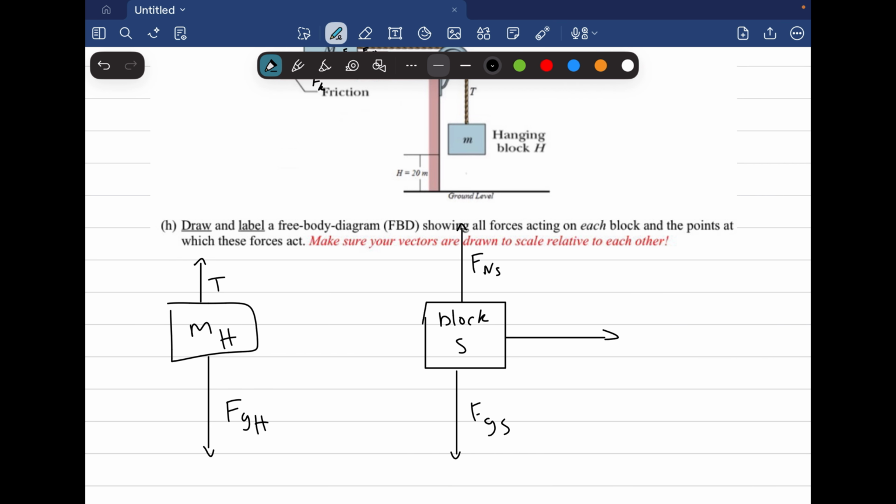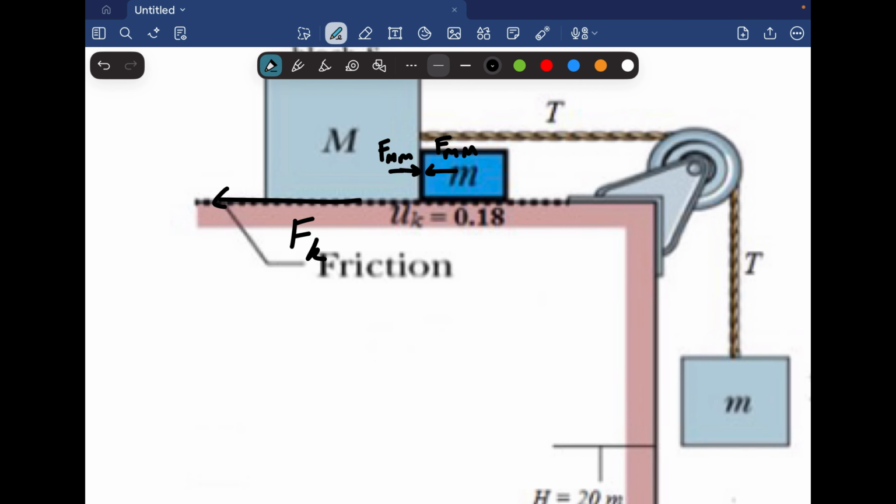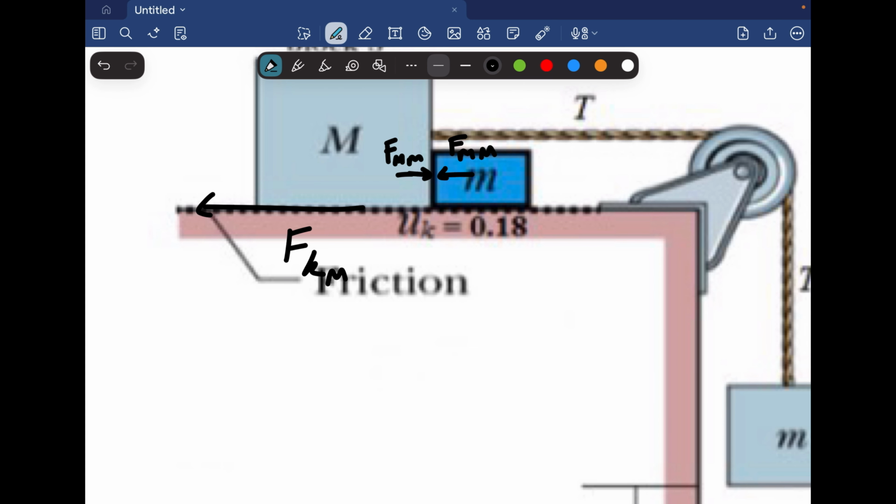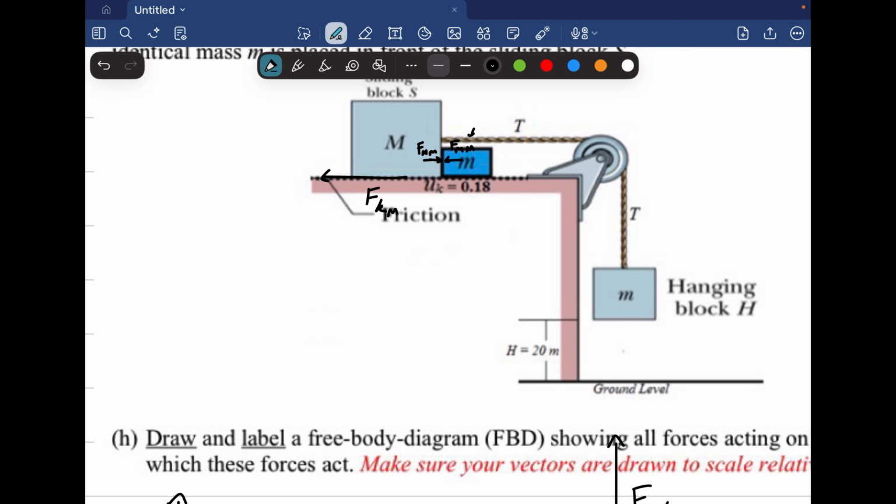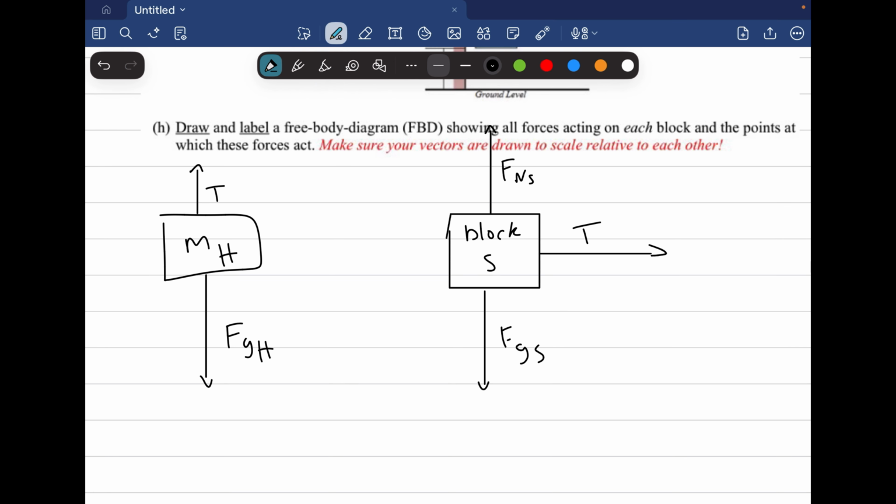And since it's moving to the right, you know that FKM and F lowercase m on capital M, if you add those together, they have to have a lower magnitude than your tension, right? So let me draw that.